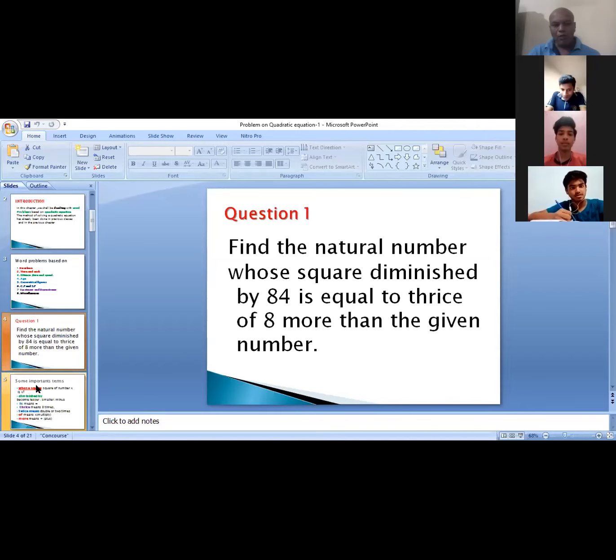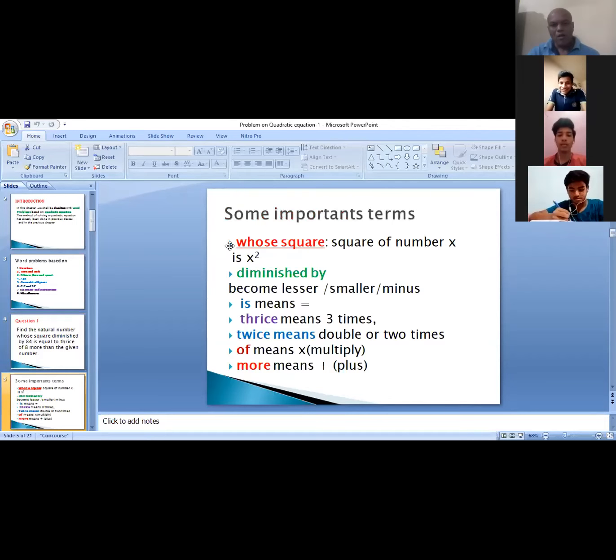Now, before doing the questions, first discuss some terms of the question. When you're doing the questions, you have to convert the question in terms of an equation. Whose square means the square of the number. Suppose we have taken the number x, that is x square.